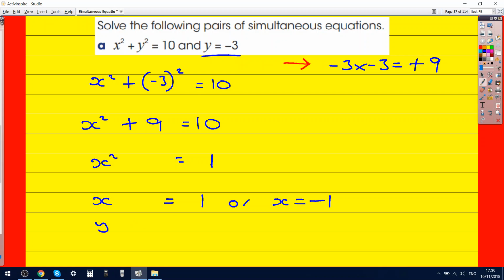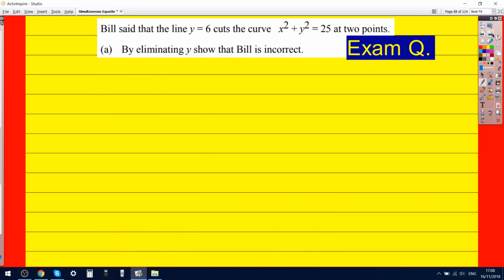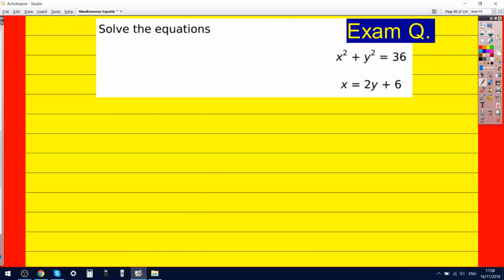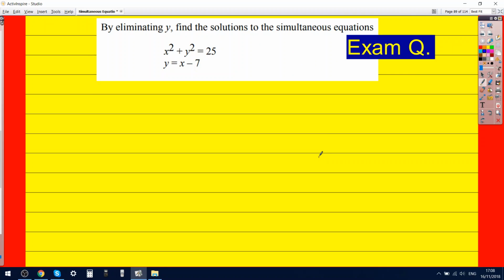And y is always -3. And so if this was two graphs and you had to show where they cross over, it'll be 1, -3 and -1, -3. Yeah, so when you have something squared giving you a number, it's plus or minus. Right. Okay, let's try this one.